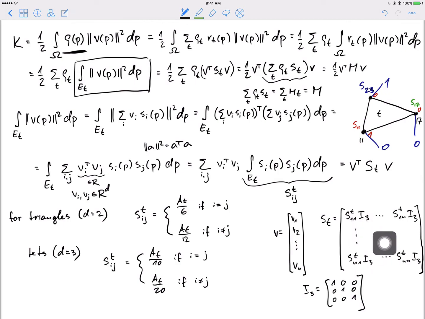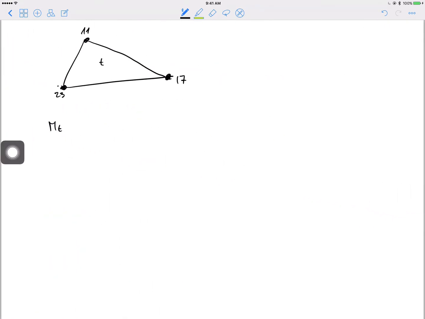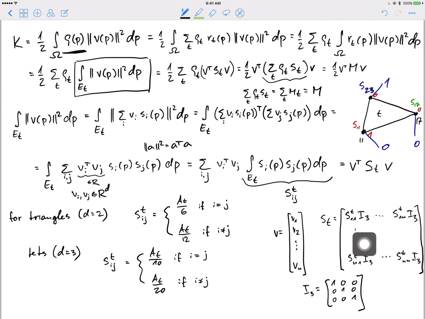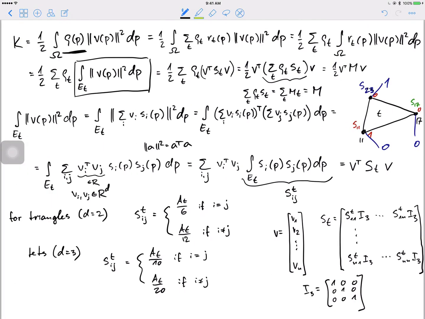So I guess we need to think about how the S_T matrix looks for this element, okay? So this M_T is nothing but rho_T times A_T times this matrix. Let's think about how this matrix looks. Let's say it's a triangle case.